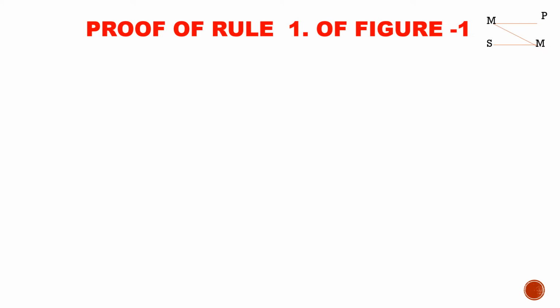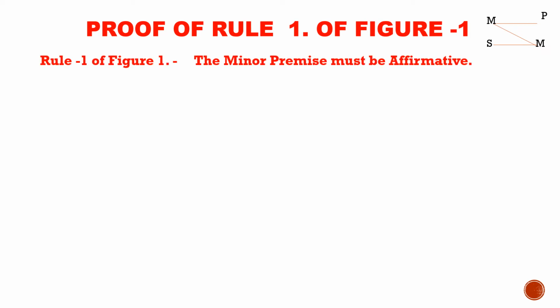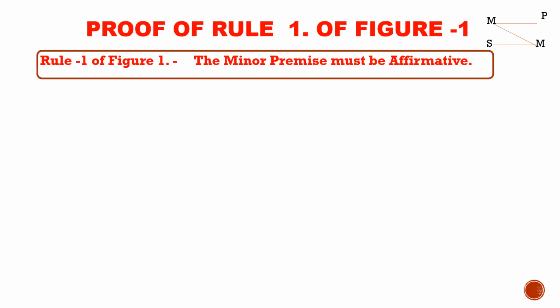Now we will prove rule 1 of figure 1. What is rule 1 of figure 1? The rule is that the minor premise must be affirmative. Now here we will suppose that the minor premise is negative. Then what will happen?